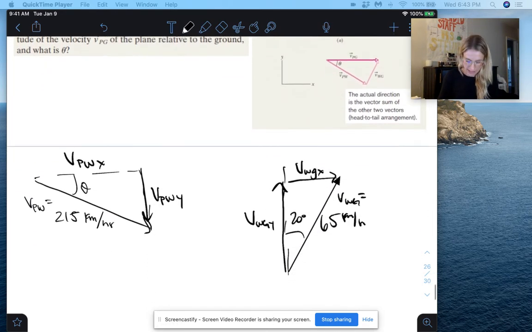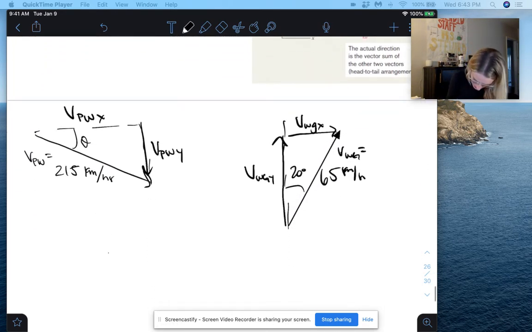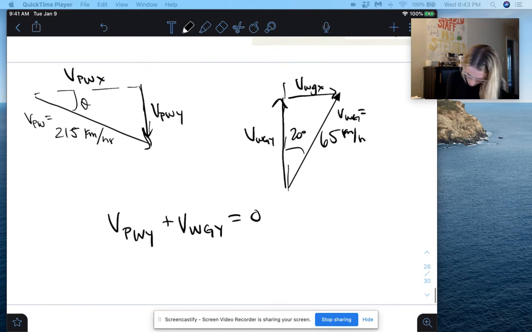So what that tells us is that velocity of the plane relative to the wind in the y direction plus the velocity of the wind relative to the ground in the y direction has to equal 0. So that means the velocity of the plane relative to the wind in the y direction equals a negative velocity of the wind relative to the ground in the y direction.